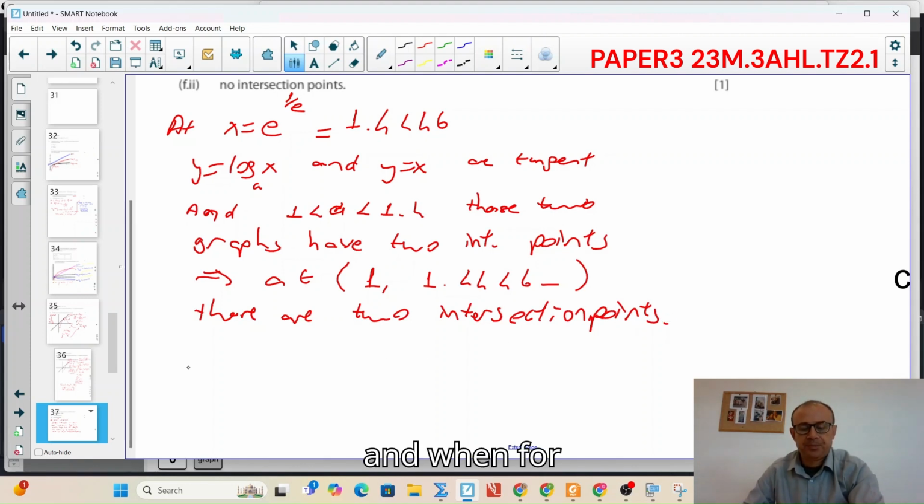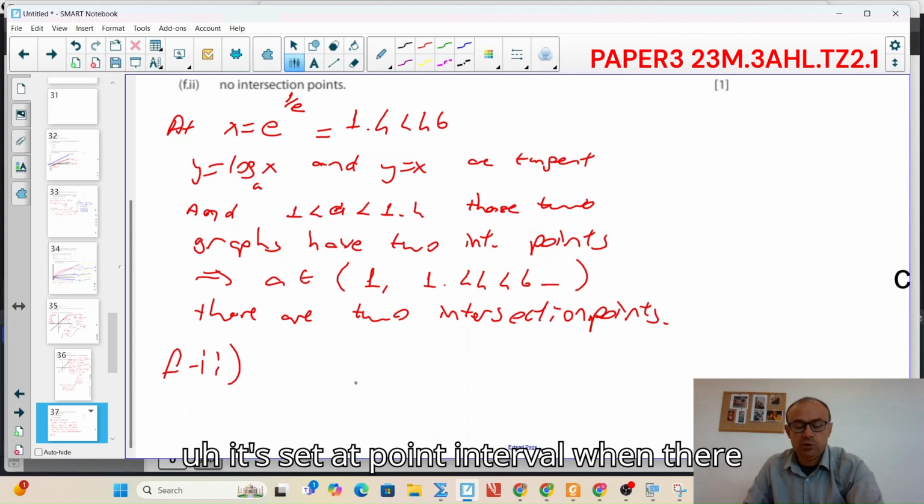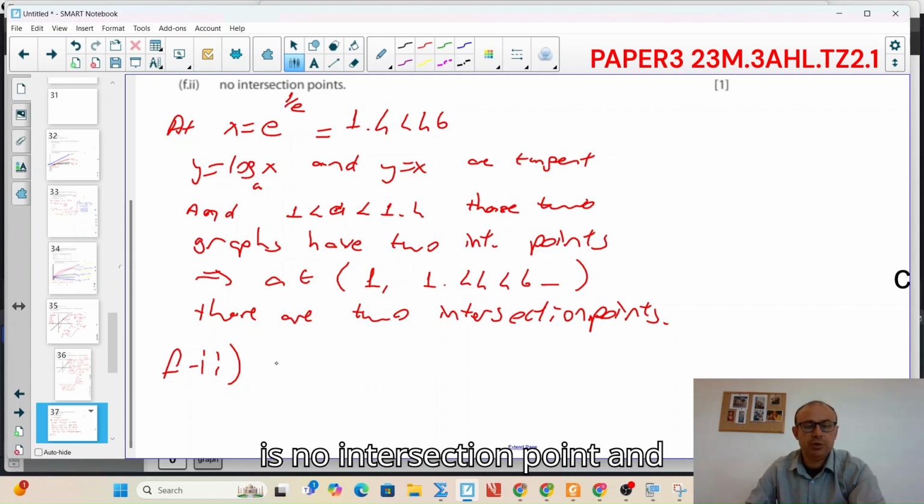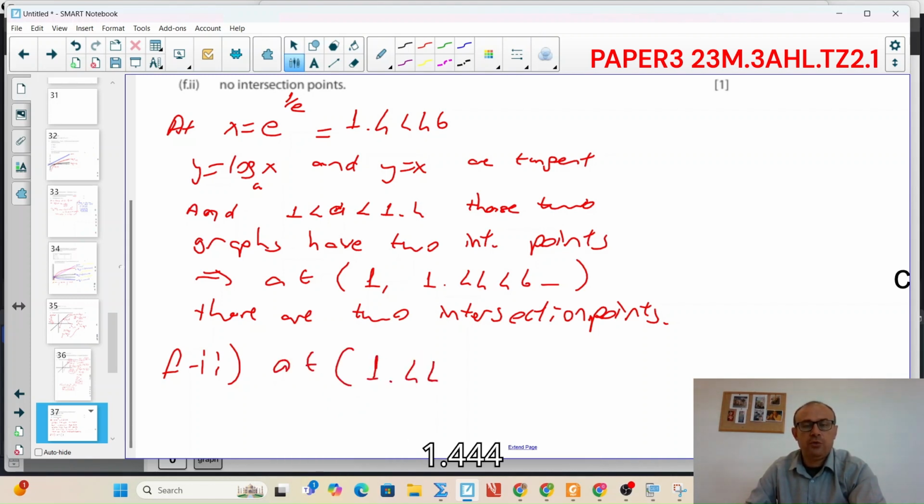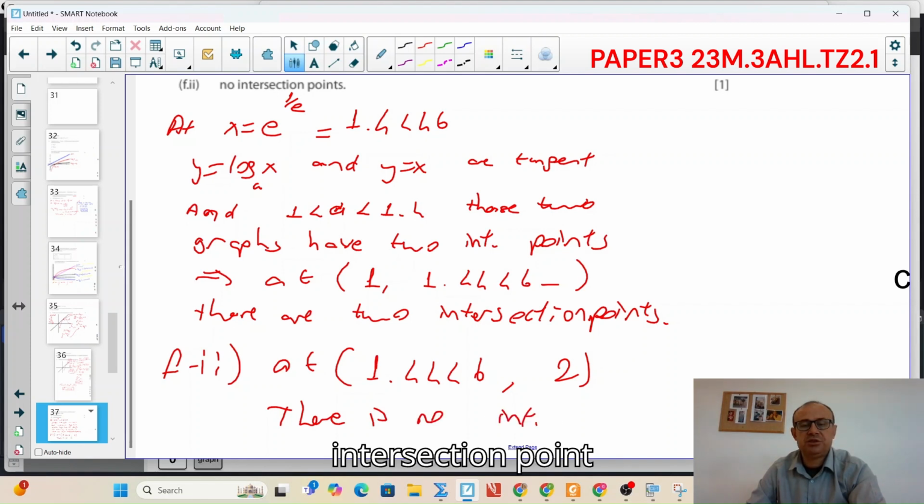And for part ii, it asks to find the interval when there is no intersection point, and when a is an element of (1.4446, 2), there is no intersection point.